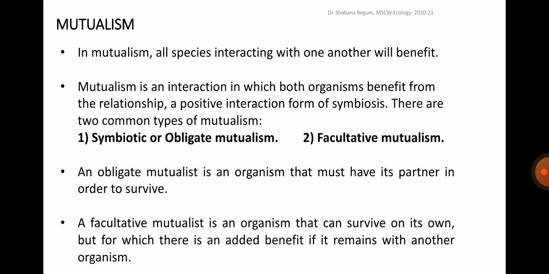An obligate mutualist is an organism that must have its partner in order to survive. A facultative mutualist is an organism that can survive on its own, but for which there is an added benefit if it remains with another organism.